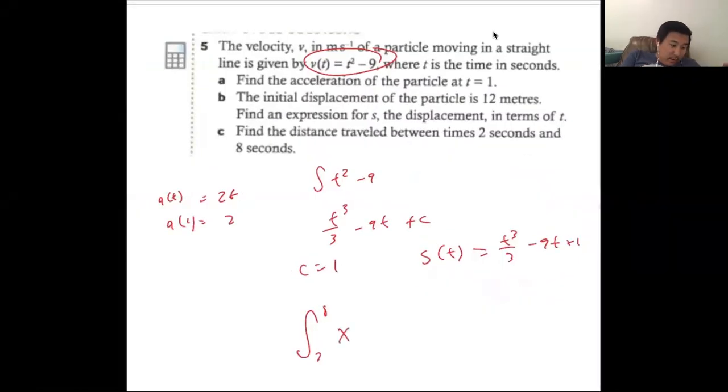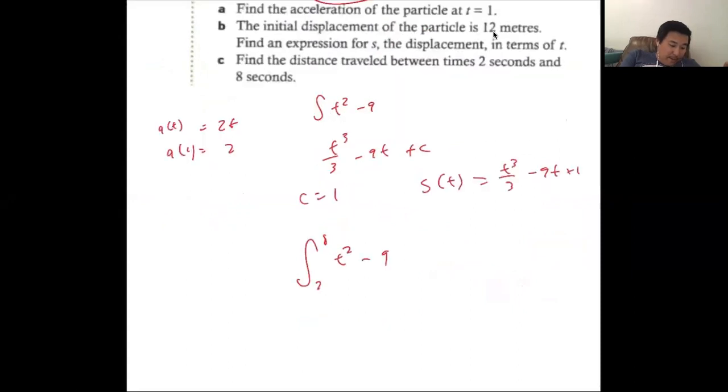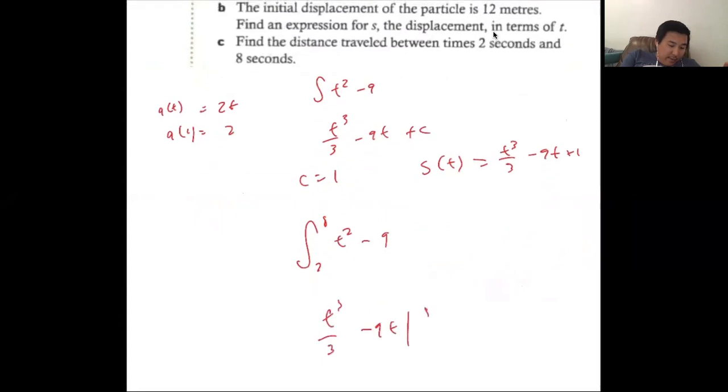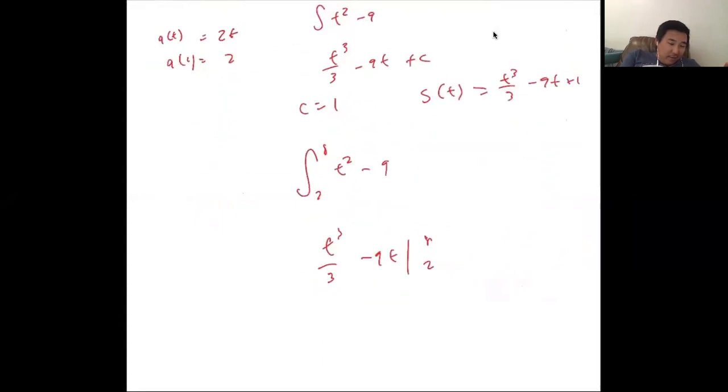The integral of t squared minus 9, so you get t cubed over 3 minus 9t, from 2 to 8, 8, 64, 216. 512 over 3 minus 9 minus 8 divided by 3 minus, 167.